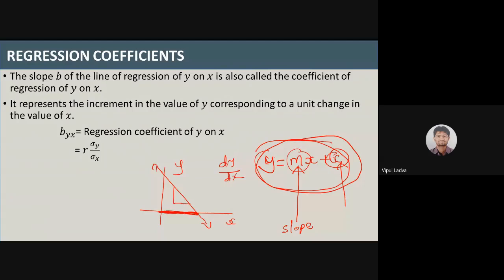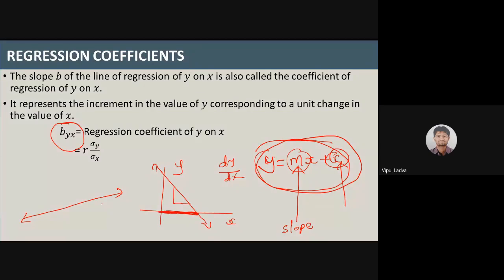Is it? So a similar kind of term will be there, because we are going to identify straight lines, and each will have some slope. We are going to identify two different lines. One line will be x on y, the second line will be y on x. I'm talking about regression lines only.